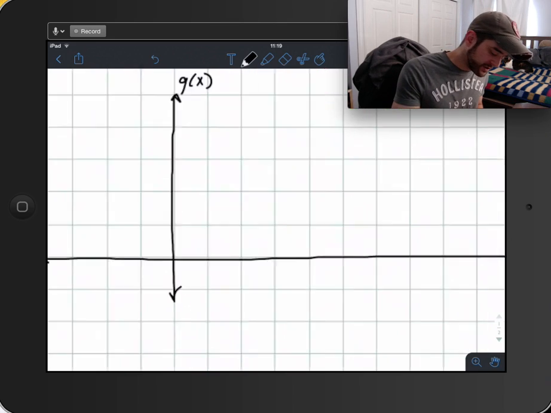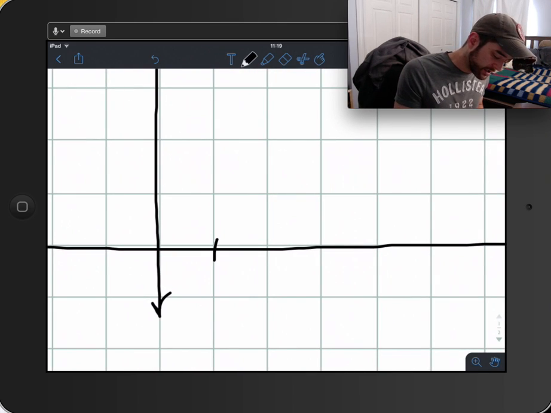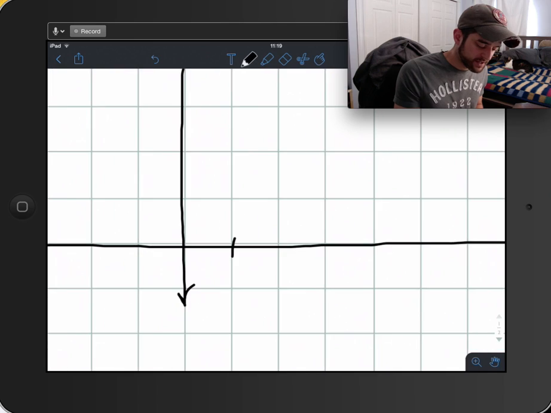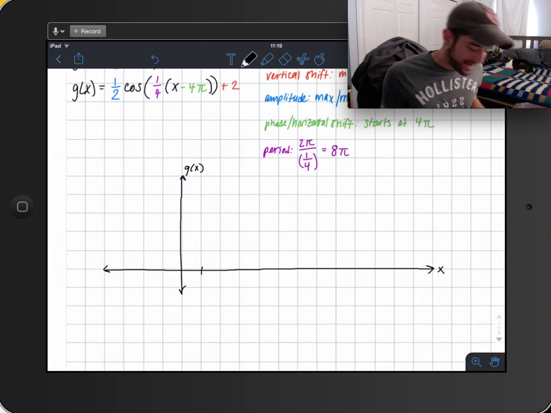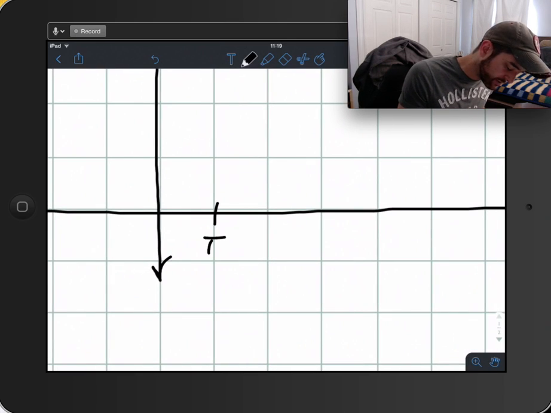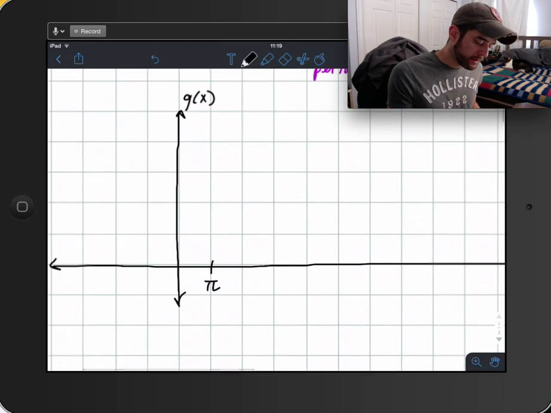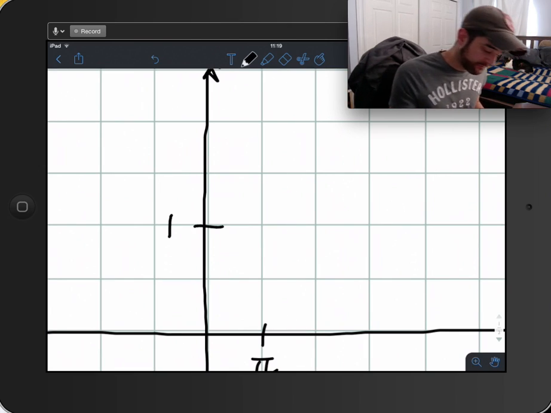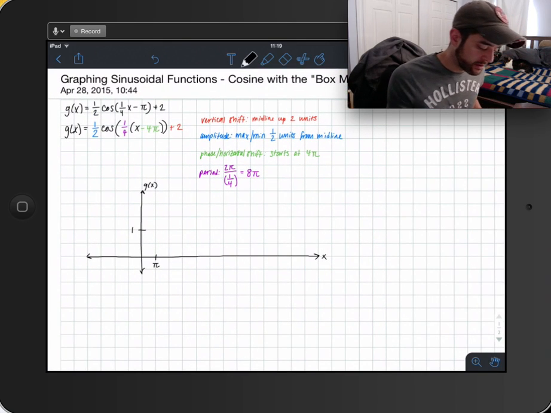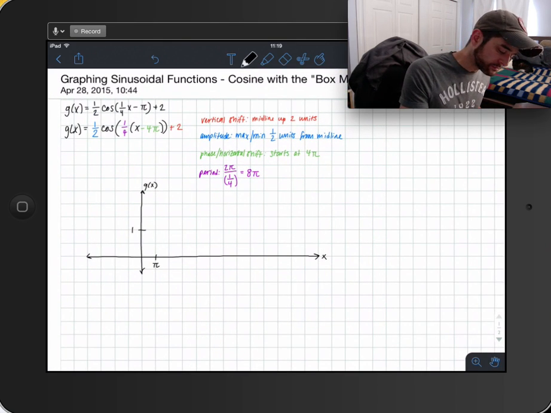Now, as I said, every space on the x-axis will be scaled differently, and in this case, since our starting point is at 4 pi and our graph lasts 8 pi, we're going to make each space 1 pi. And then for the g of x axis, we'll make every 2 spaces 1, which means that every space is a half. And that will facilitate our midline and max and mins.